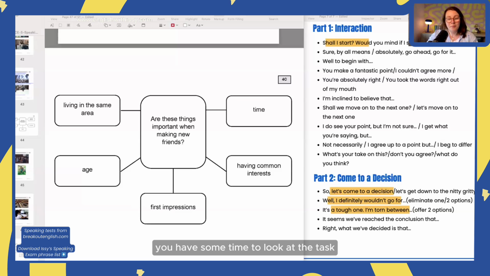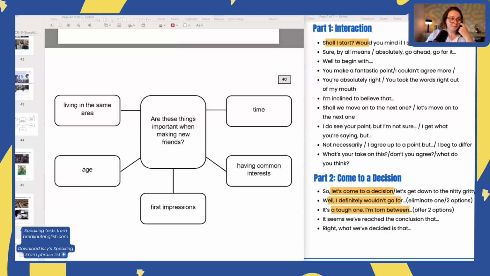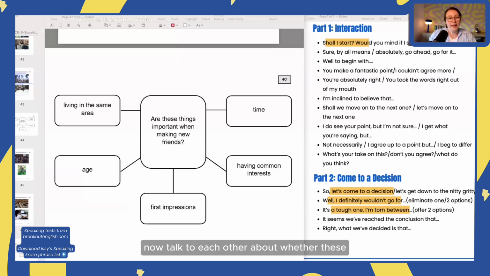First, you have some time to look at the task. Now, talk to each other about whether these things are important when making new friends.